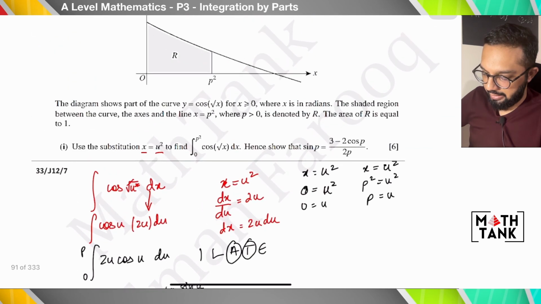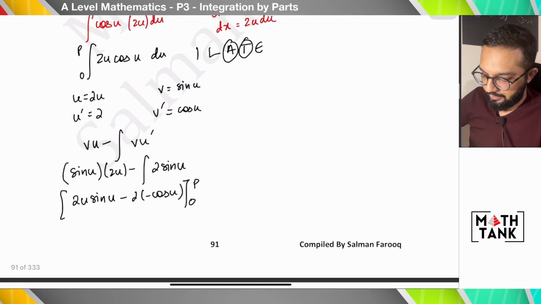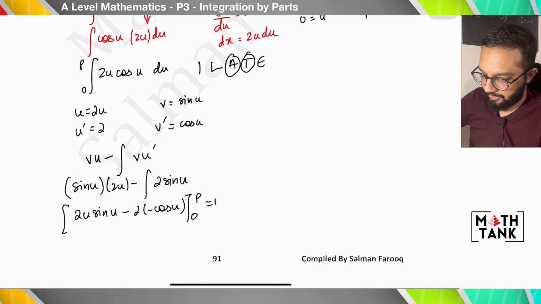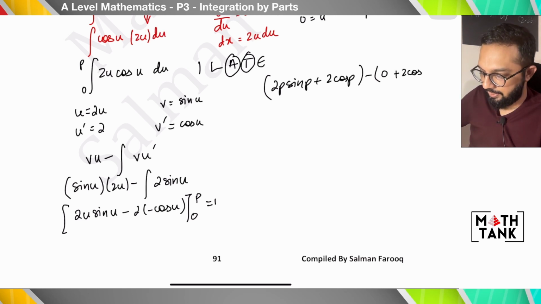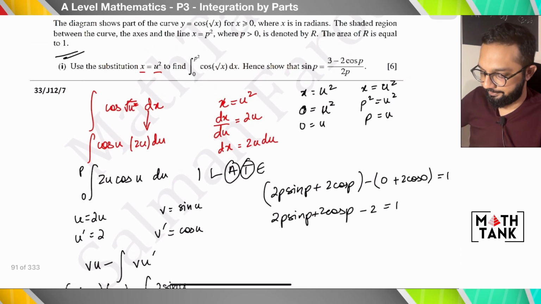Okay, and this area is basically, it says the area of R is equal to 1. So with limits, this is equal to 1. So I'm going to say 2p sine p plus 2 cos p, minus 0 plus 2 cos of 0, equals 1. So 2p sine p plus 2 cos p minus 2 equals 1.